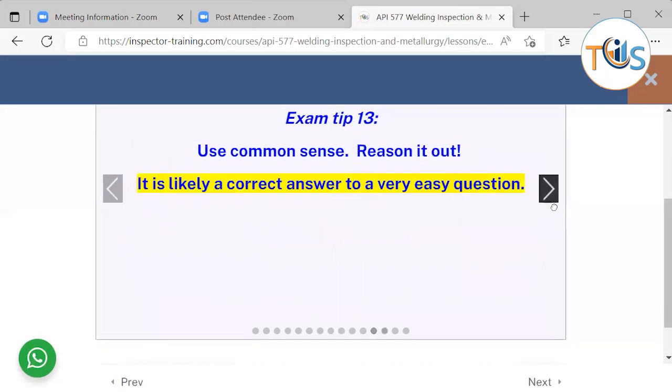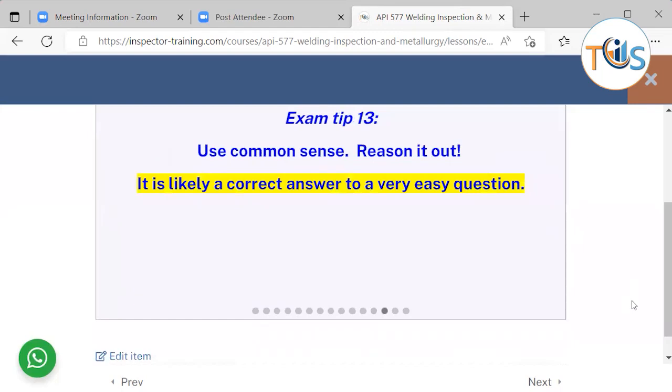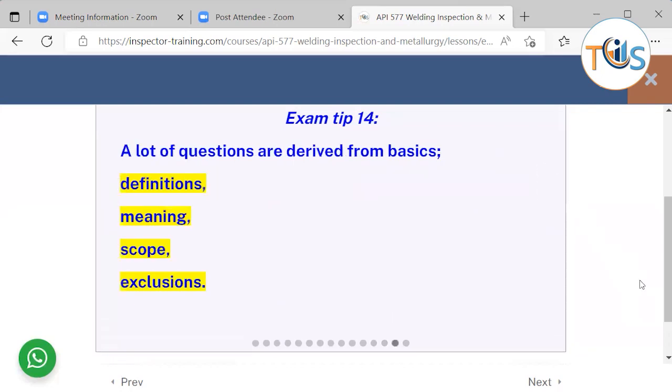Using common sense to reason it out is likely to give a correct answer to a very easy question. A lot of questions are derived from the basics because this exam is verifying you at the basic level, and it covers definitions, meaning, scope, and exclusion and inclusion.